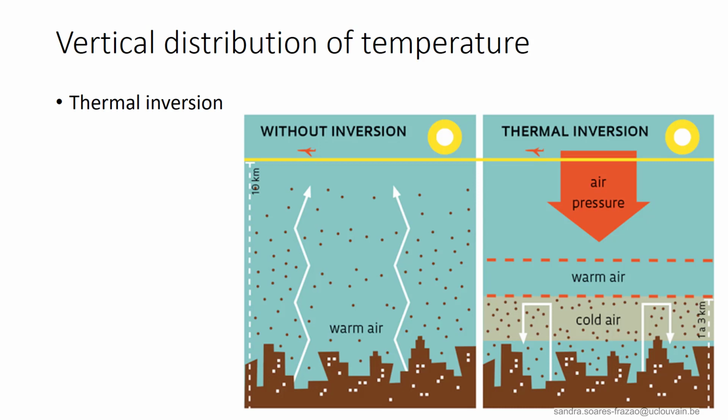But in some cases, when there is no wind and no clouds, the earth cools down at night and cannot warm up enough in the morning with insufficient daytime radiation. As a result, the cold air close to the ground is trapped below a layer of warm air, as illustrated here. And in the absence of wind, no mixing occurs and urban pollution increases.